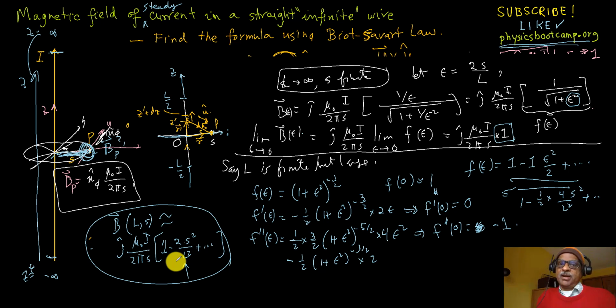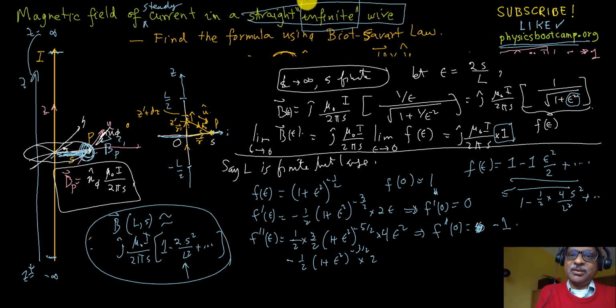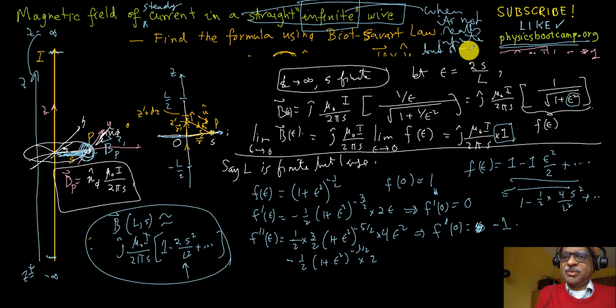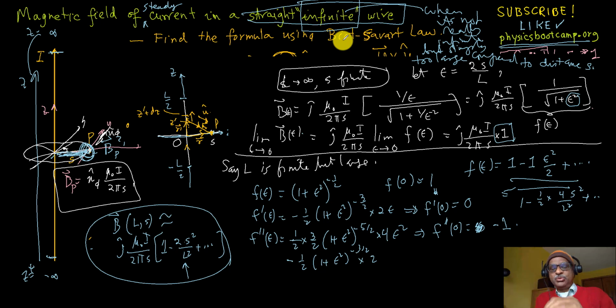So you need to know how to do this for a so-called infinite straight wire, when it is not really infinite but simply too large compared to the distance s. So when you have that situation, you have no recourse, but you got to do it through the Biot-Savart law and expand using your Maclaurin series or Taylor series.